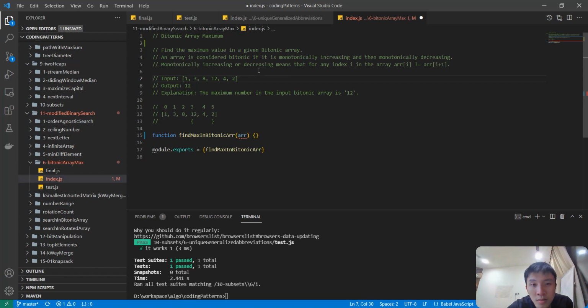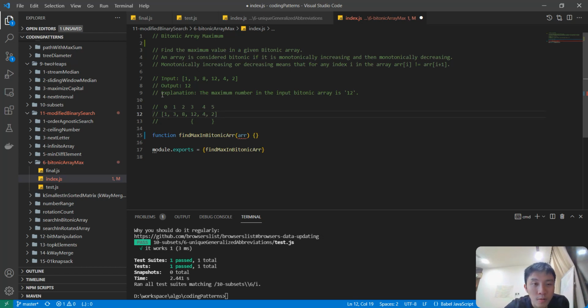Monotonically increasing or decreasing means that for any index I in the array, the number at index I is different than its next one, its next on the right at index I plus 1. Okay.